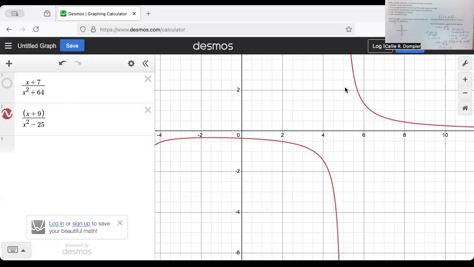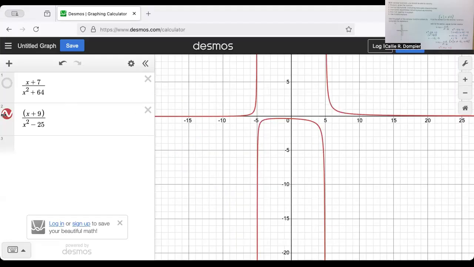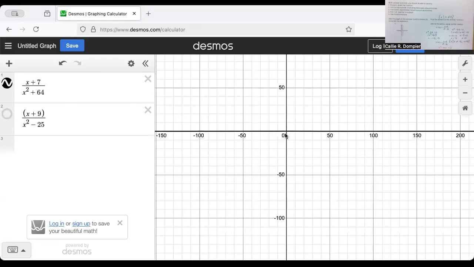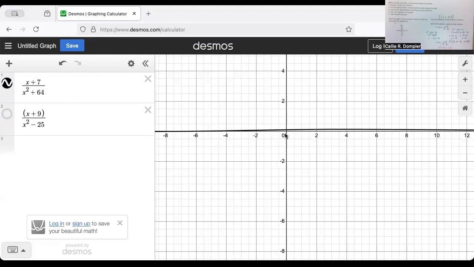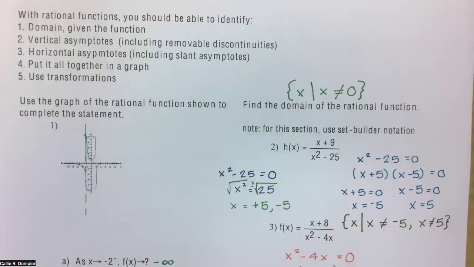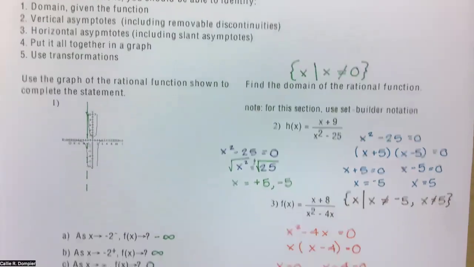So you see the gaps in the domain when you graph it. Whereas here we said that the domain is all real numbers, and that is because there is no point at which the graph is not an x value. You can just say from -infinity to +infinity. Okay? That's what the domain is for today.